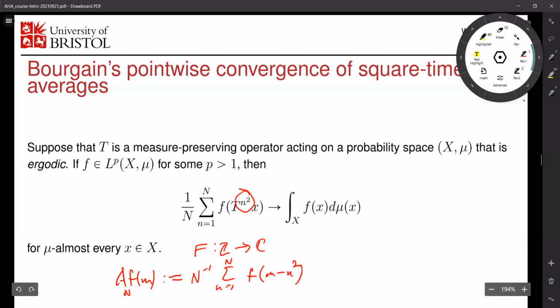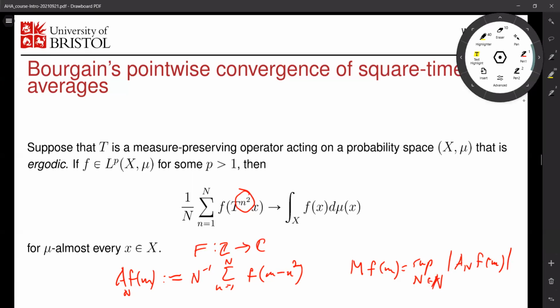Then there's a maximal function here, which is defined as before, so I take the supremum over all n. This maximal function is bounded on L^p for p greater than 1. In general, there's a principle that says that you can't have this pointwise convergence if you don't have the boundedness of a maximal function.